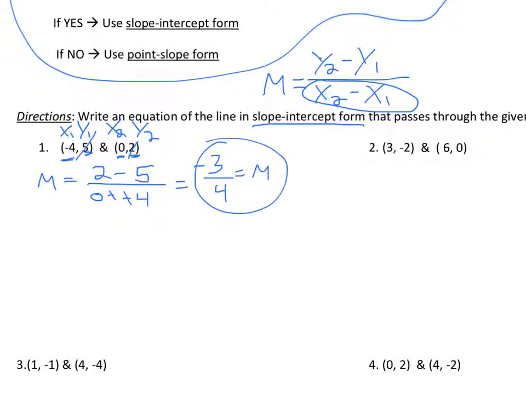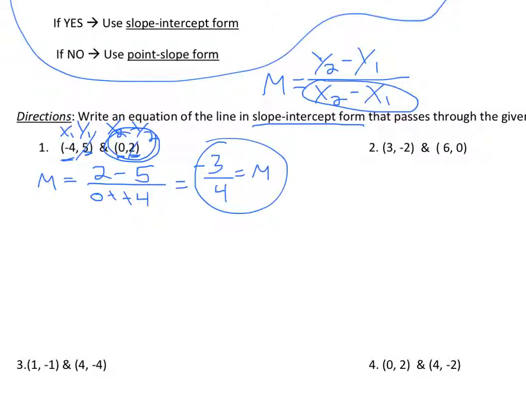Then from this point, I kind of know what to do. In order to get it in slope-intercept form, what's not written in here is I actually have to go to point slope form, and then from there, I'm going to solve for y to get it in slope-intercept form. Now, I could pick any point. I'm going to pick this point, this 0, 2, because that's probably going to be easier to work with than negative 4, 5.